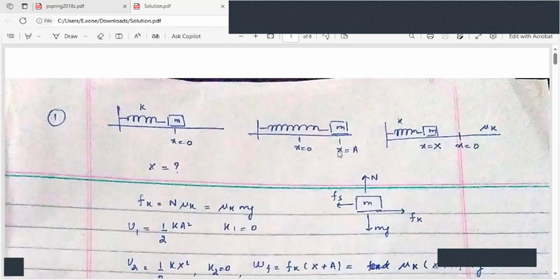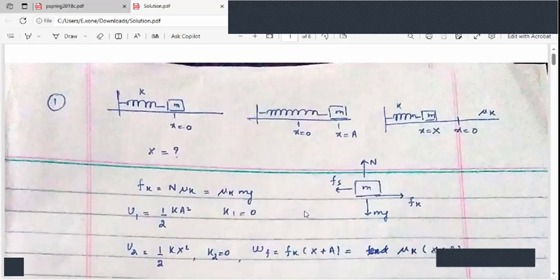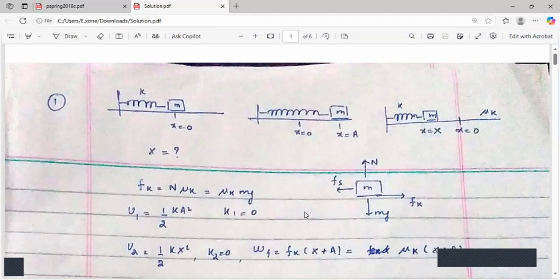In both cases, the velocity at the point A and at the point X that we are going to calculate would be zero. Meanwhile, the kinetic friction force will be doing negative work on the block. We can use multiple techniques to solve this problem, but the easiest one would be to use the energy theorem, or conservation of energy.